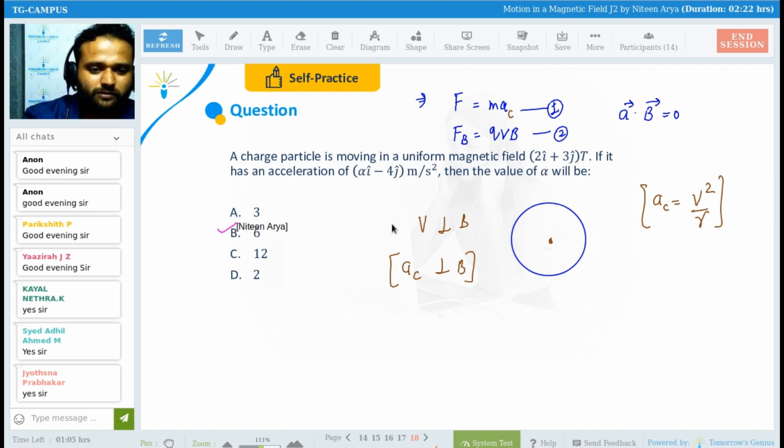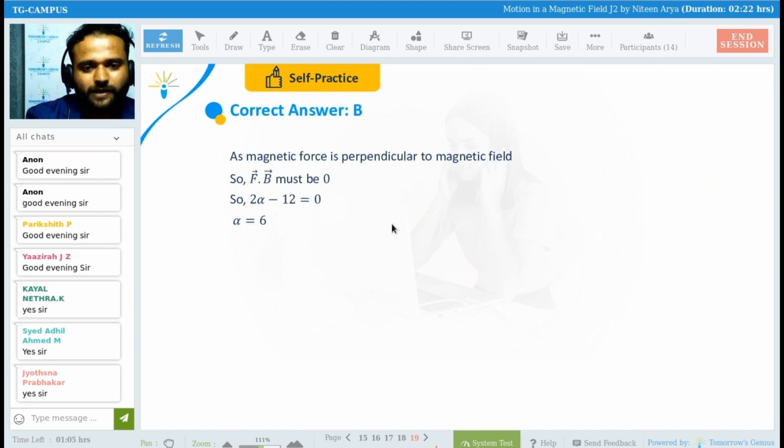So this is very simple, but understanding what it is saying is the hard thing. As the magnetic force is perpendicular to the magnetic field, F dot B, or simply instead of F dot B, alpha dot B, why should I write alpha everywhere? Acceleration dot B gives you 0. Why so? Because acceleration is perpendicular to the magnetic field.